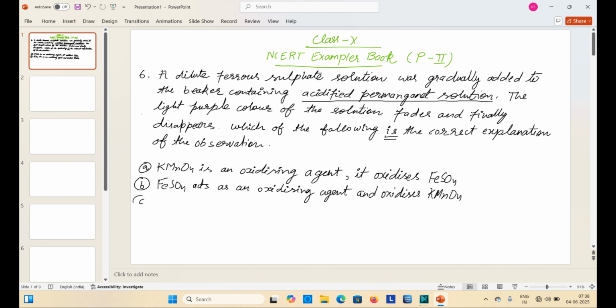The C option is saying that the color disappears due to dilution, and no reaction is involved.